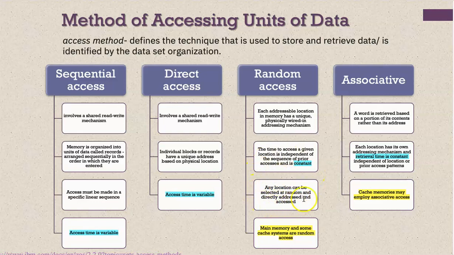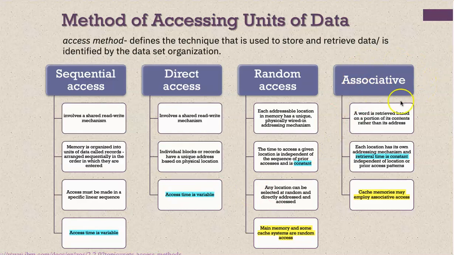Now, this seems like it is part of the direct access, but in reality, the random access is much more effective because the time to access units of data is constant, whereas in direct access the time is variable, because typically direct access combines direct access with sequential access. So this is why it could not provide constant time.